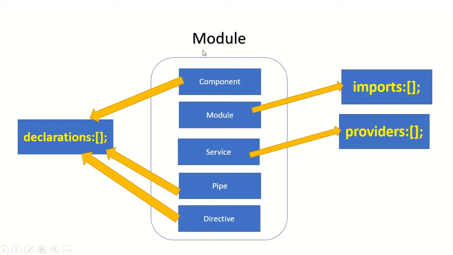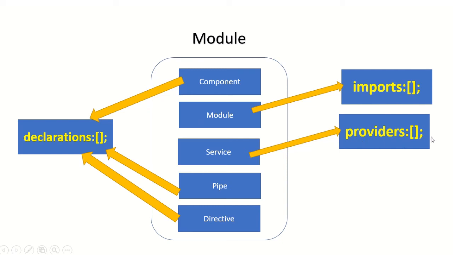Okay, what can a module contain? A module can contain components, other modules, services, pipes and directives. In the declarations part of the module metadata, we can put components, pipes and directives. In the imports part, we can put other modules that will be used by the current module.